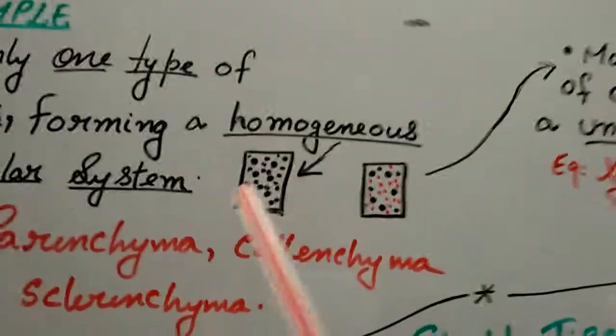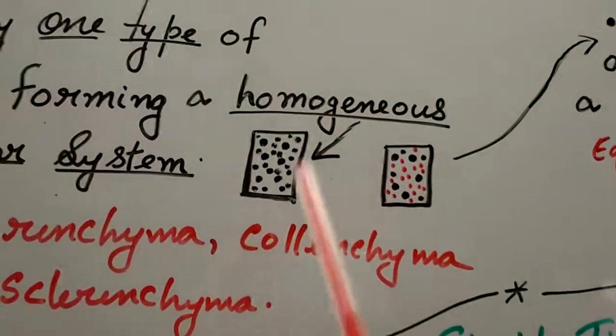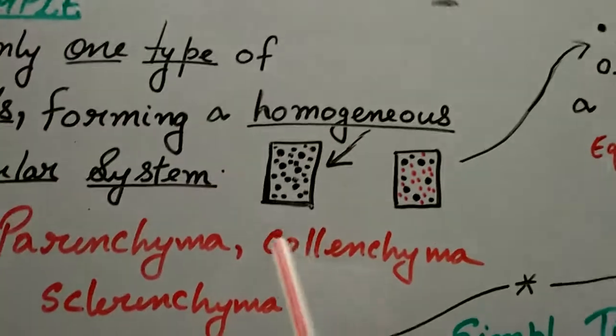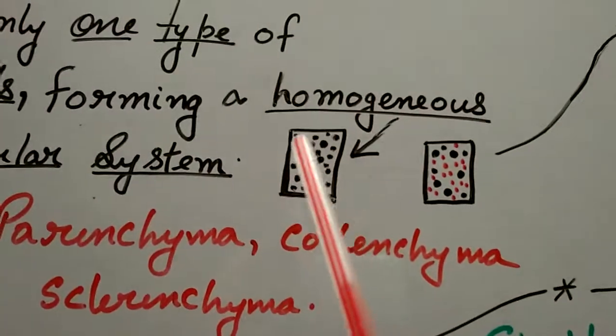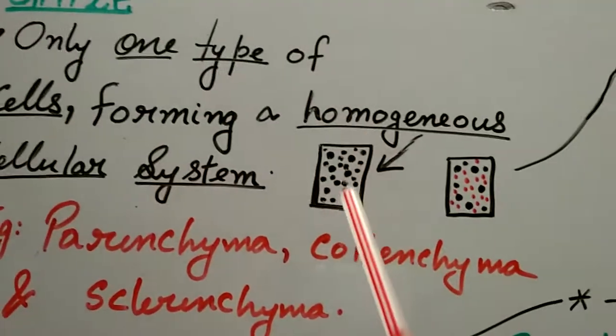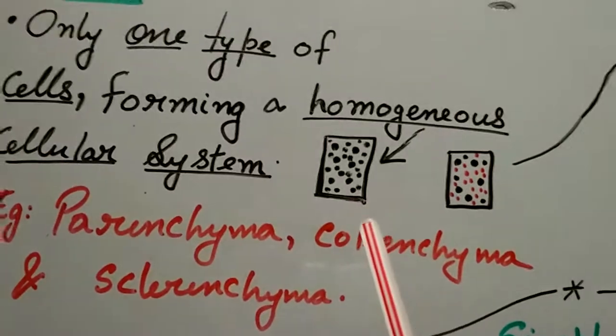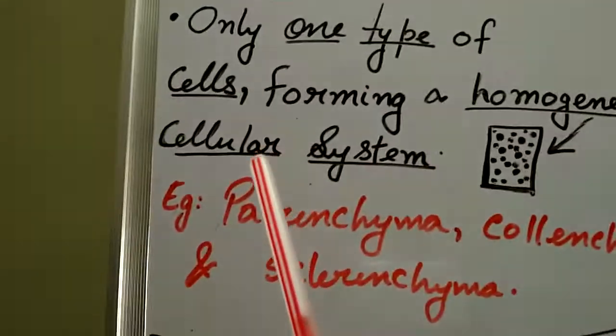For example, if you take this diagram into consideration, if you assume this as a simple permanent tissue, and cells here are represented as black dots, these are all similar in structure, shape, no variation, therefore a homogeneous cellular system.